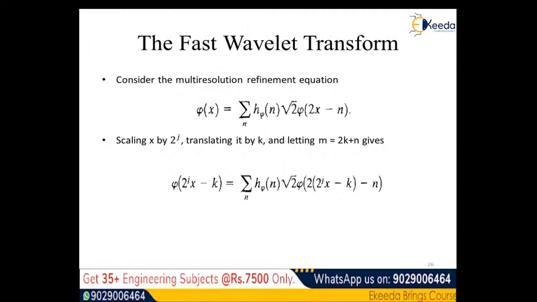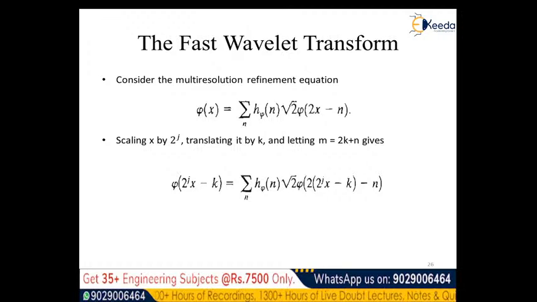we have phi of 2 to the power j x minus k equal to the summation over n of h phi of n multiplied by root 2 times phi of 2 times the bracket 2 to the power j into x minus k minus n.